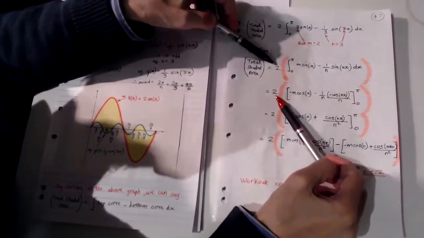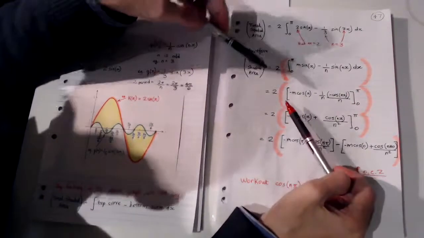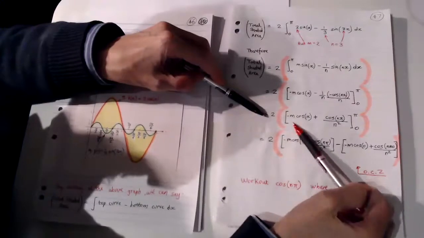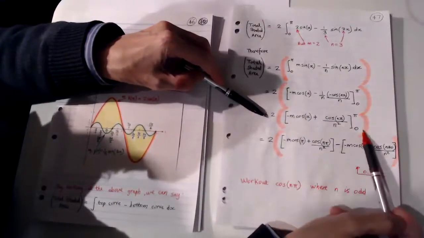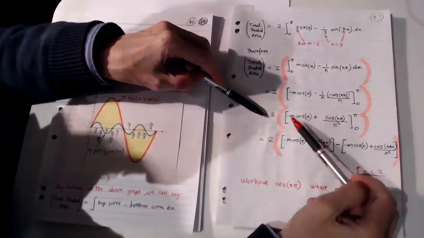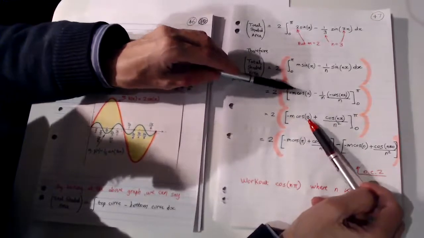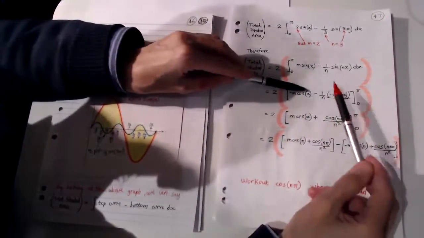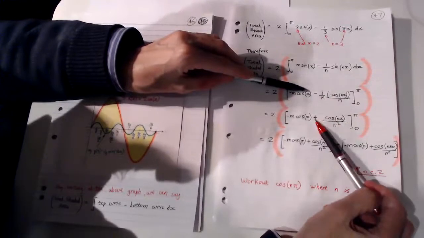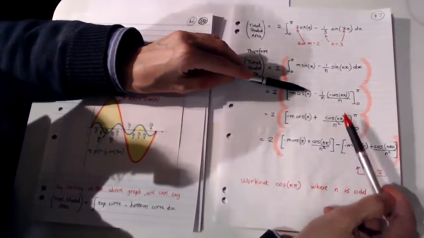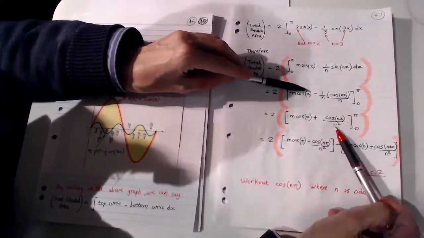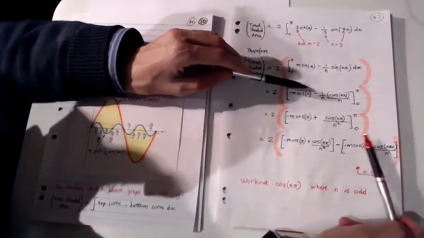Don't forget to multiply by 2. Then it's 2 times everything inside these pink highlighted brackets. It's negative m cos x, then negative times a negative is a positive, cos nx, n times n is n squared, between 0 and pi.